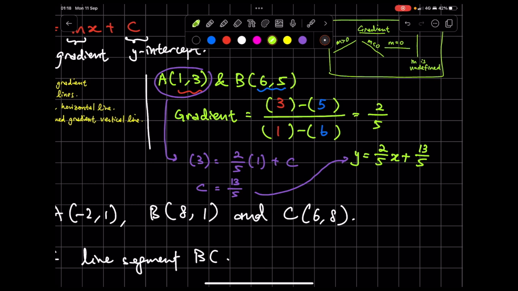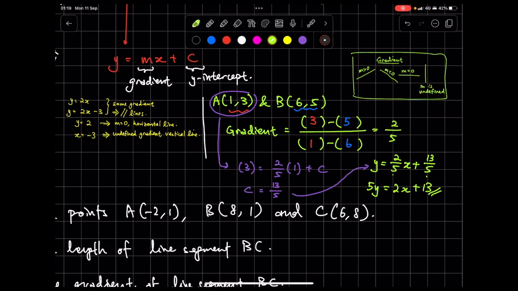I realize that the denominators are both 5. Multiply by 5 throughout to get 5y equals 2x plus 13. I prefer to write it like this so that I don't see too many fractions, but either way the answer is correct. Let me also make this a bit smaller so that it doesn't look too messy.